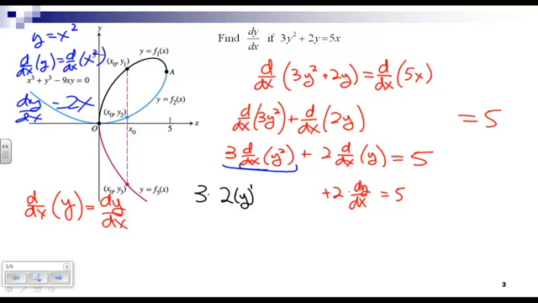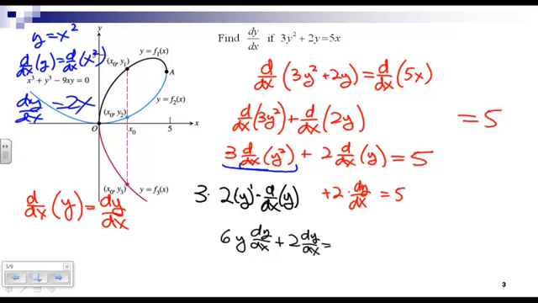Times the derivative of the inside. The derivative of the inside I could write as dy dx. The derivative with respect to x of y, do we know what that is? It's dy dx. So I end up here with 6y dy dx plus 2 dy dx is equal to 5.